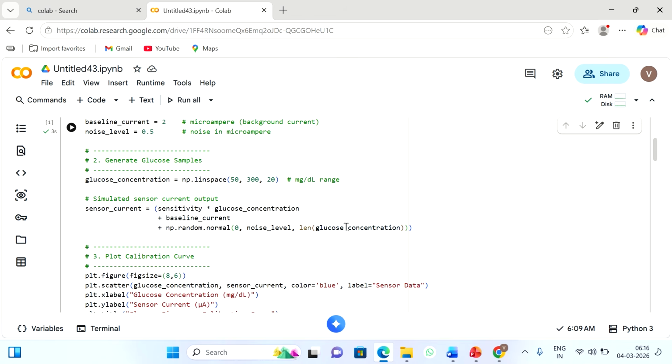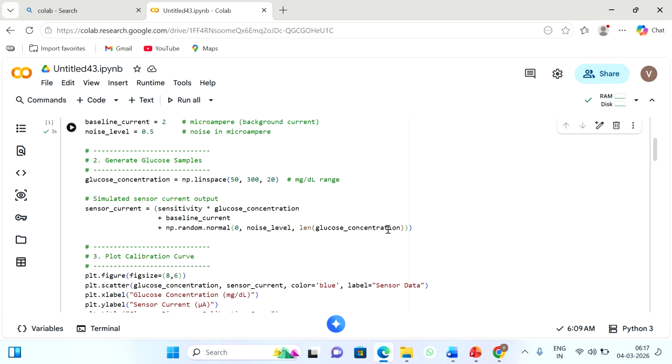And what is the meaning of this line of code? This is the most important equation. The formula used is I = S * C + I_baseline + noise.